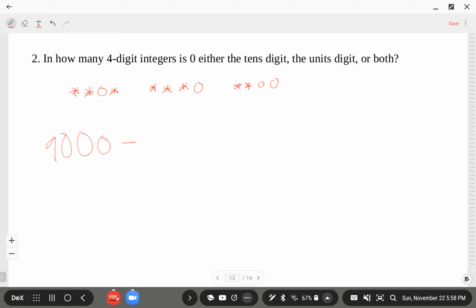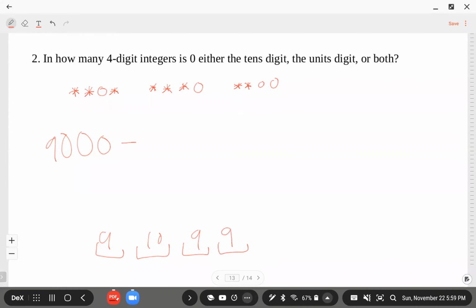We have a four-digit number. Usually, to get all the four-digit numbers, it's 9, 10, 10, 10. But if you want to have a zero right here, it's only going to be one possibility. The unwanted outcomes are where there is no zero in the tens or units digit.